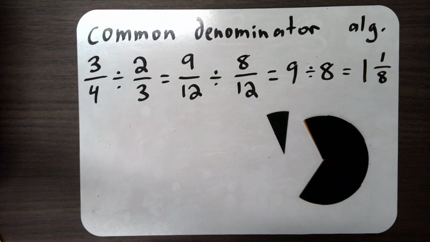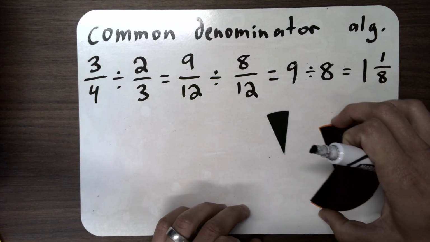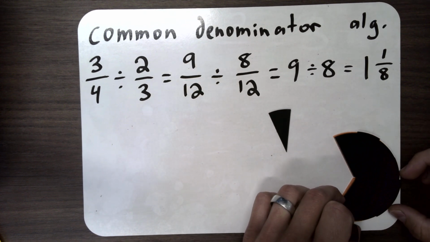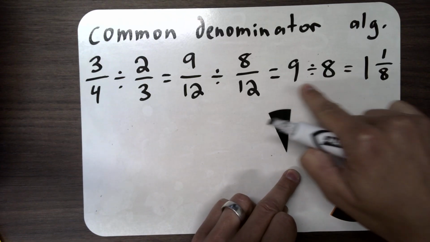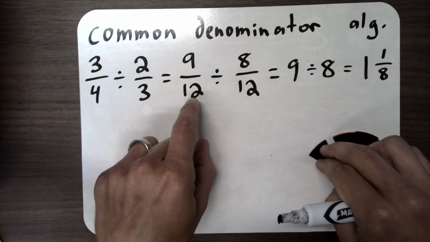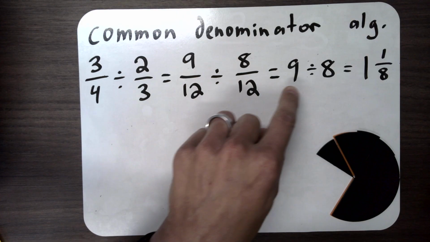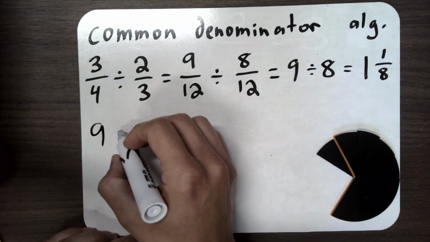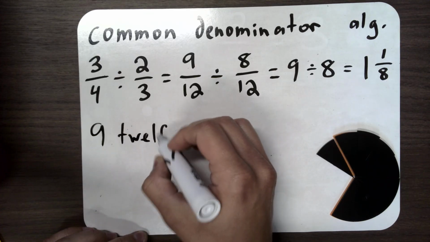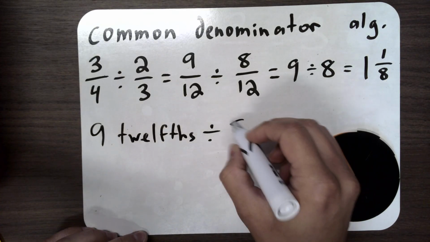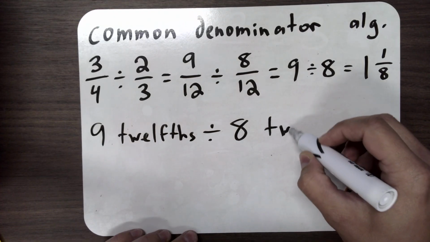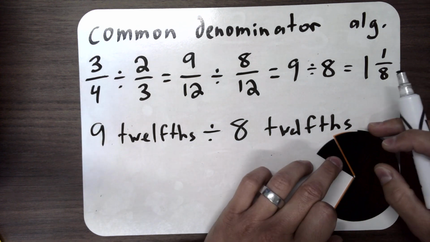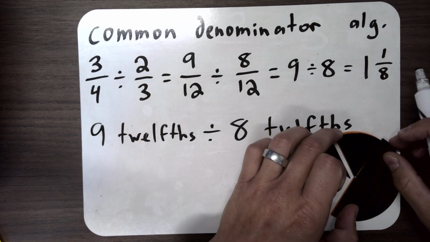I want to write one more thing on here for this abstract model too, because this common denominator strategy essentially turns this into a whole number division problem, as you can see here. I went from 9/12 divided by 8/12 equals 9 divided by 8. The denominator is the name of the part, so we can think of that as the label as well.